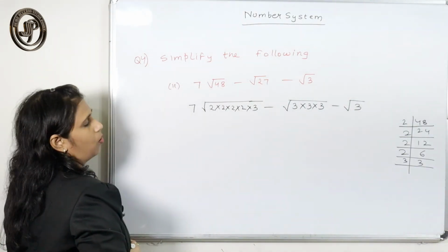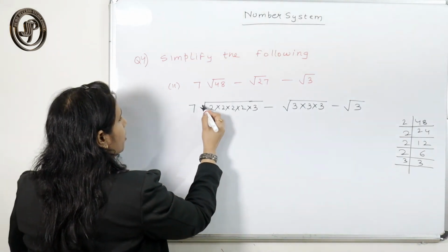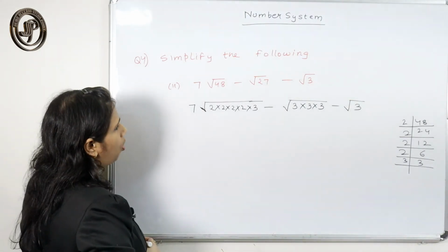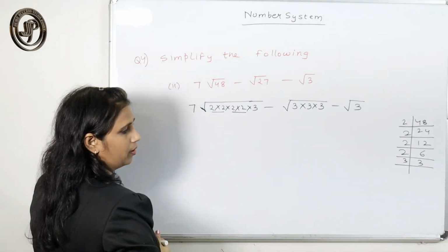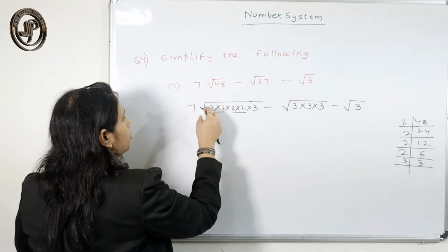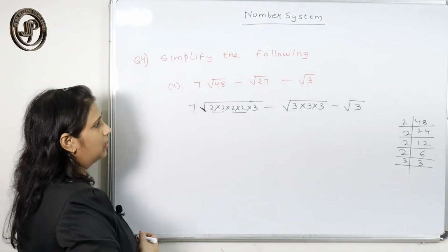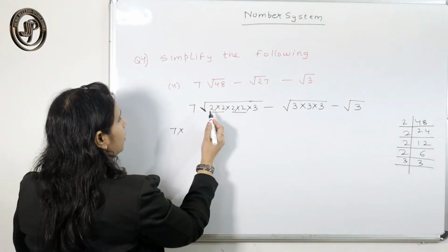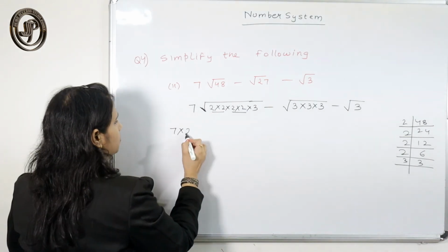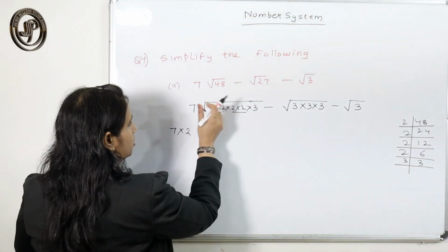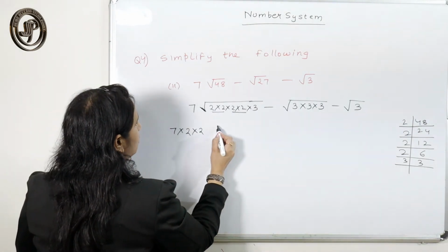Now, since the order is 2, you can make pairs of 2 here, and you can take each pair out of the radical sign. When you take the pair out of the radical sign, it becomes single.